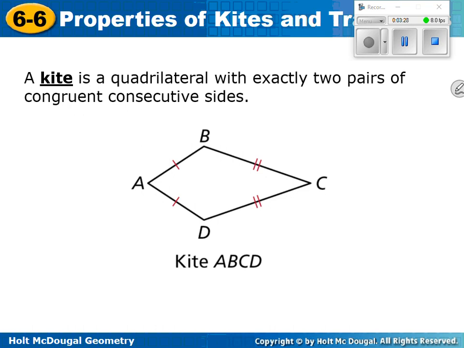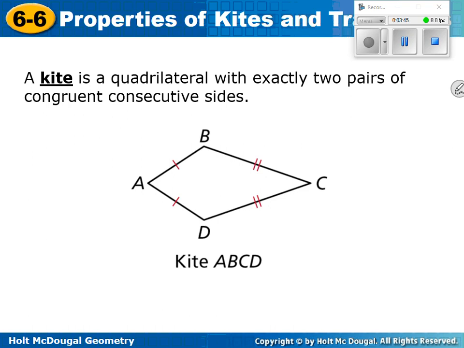So a kite looks like a traditional kite that you would fly in the air. It's going to have 2 sides that are congruent and then a different 2 sides that are congruent. So it's going to have 2 pairs of consecutive congruent sides.